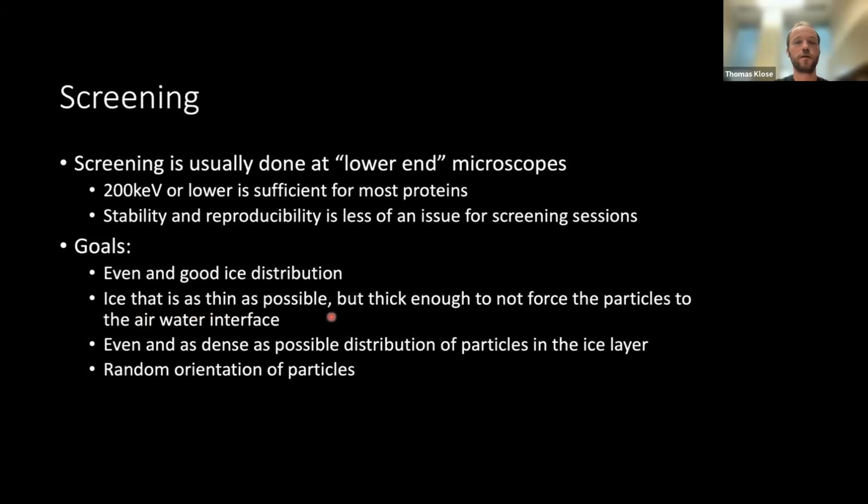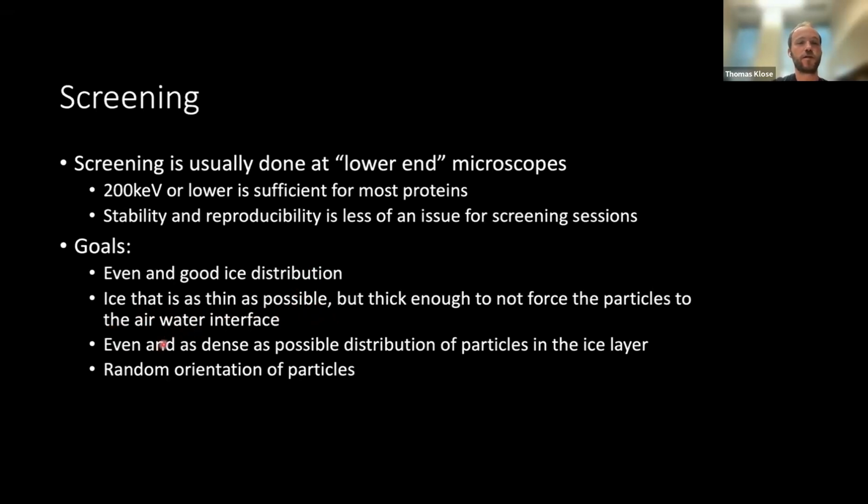So let's say you have a molecule that is 10 nanometers in thickness. It is not a good idea to try to get an ice layer that is only 10 nanometers. You want to have a little bit of buffer at the top and bottom to prevent your molecules from sticking at the air-water interface.